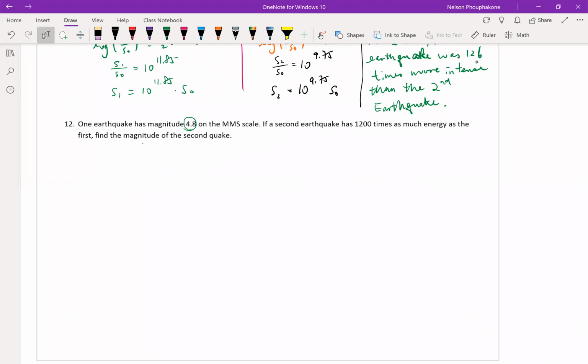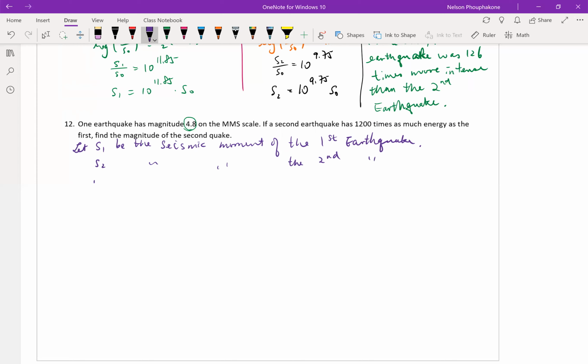Okay, so same thing for this one, I need to assign the variables first. So I would like to let S sub 1 be the seismic moment of the first earthquake. Okay, and of course, S sub 2 will be the second one.